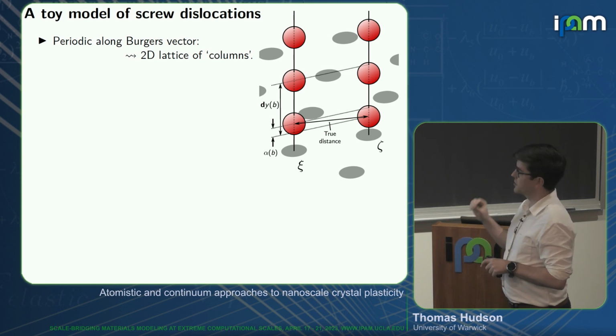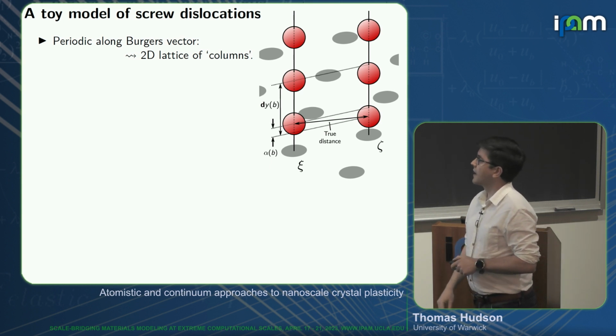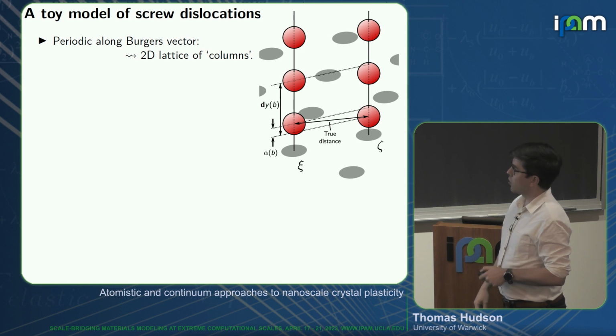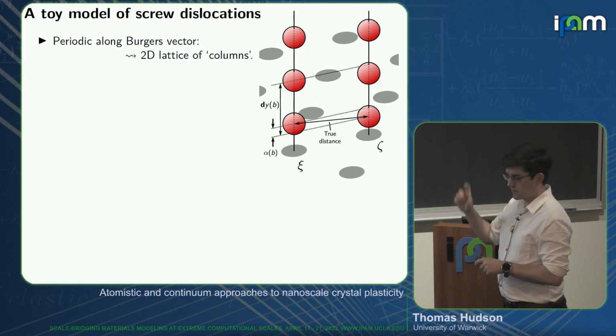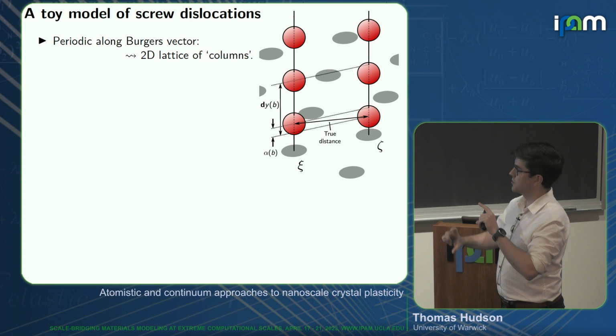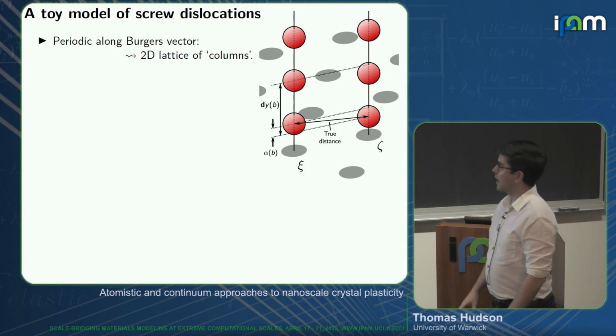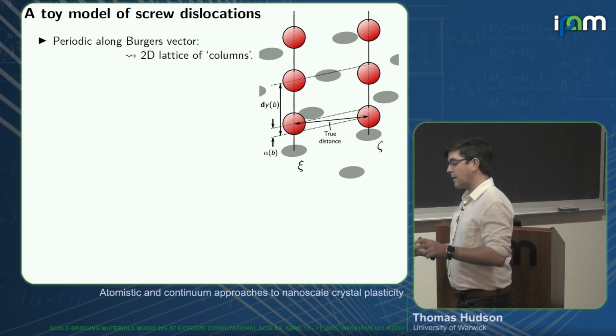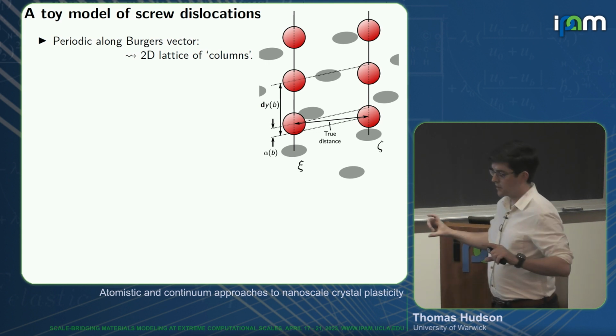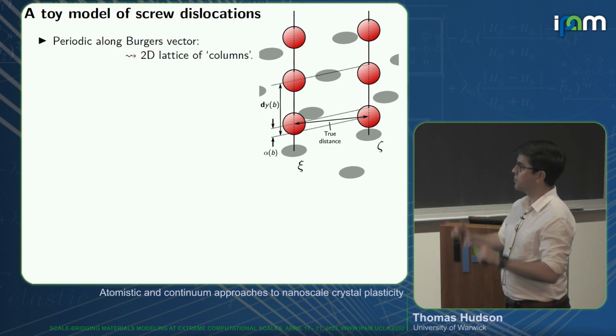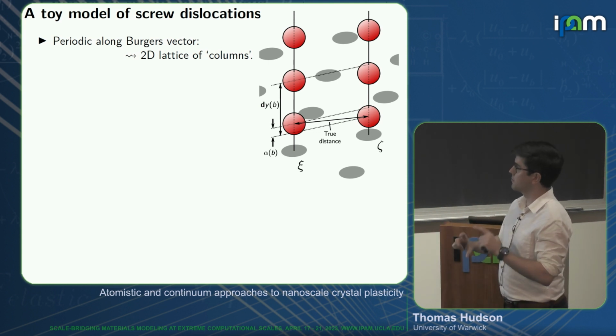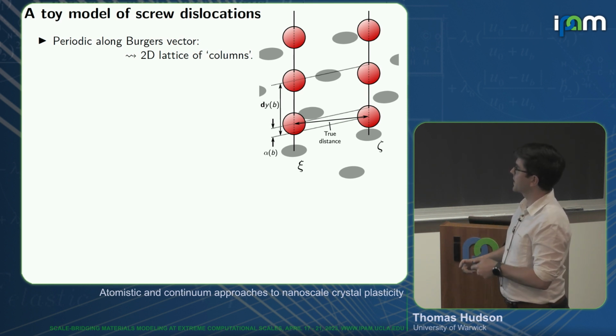That's also the direction that the Burgers vector lives in. Basically, we just move columns of atoms in that lattice vertically along this screw dislocation line direction. I'm not allowing any kind of in-plane relaxation, I'm really just moving these columns up and down. So I'm thinking of the columns moving rigidly, like you see in this picture.